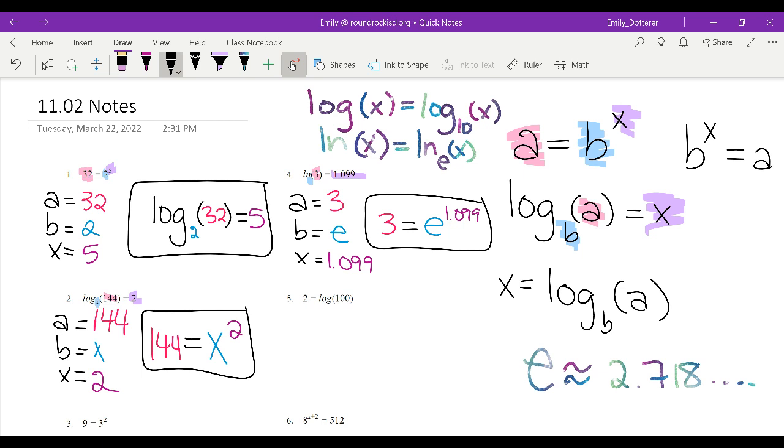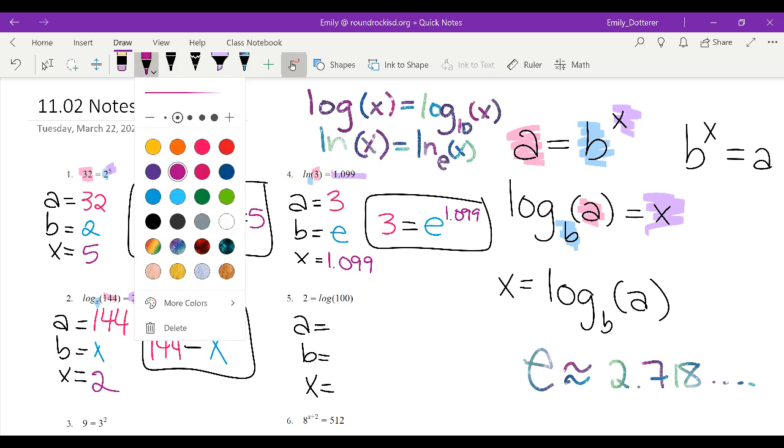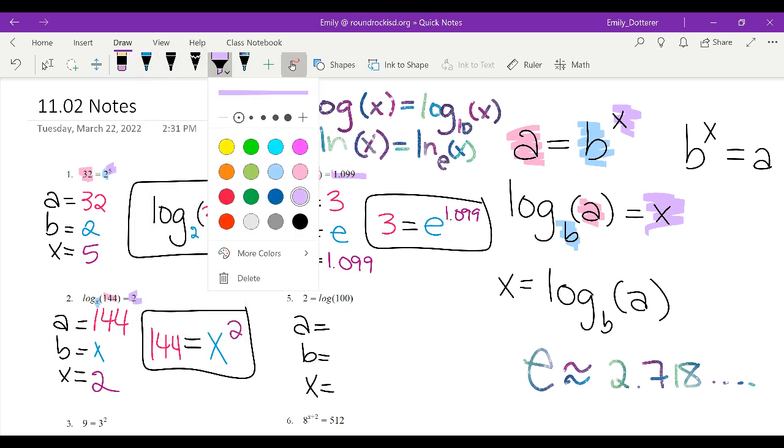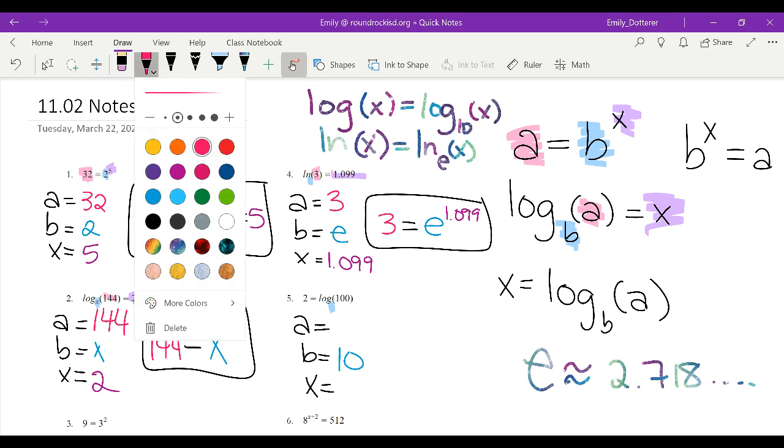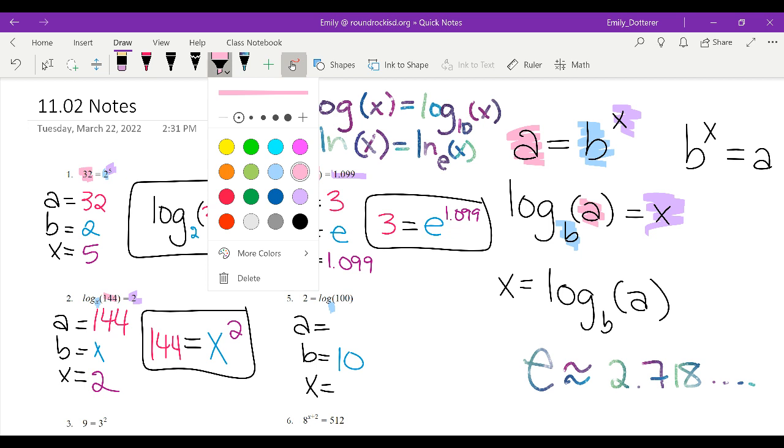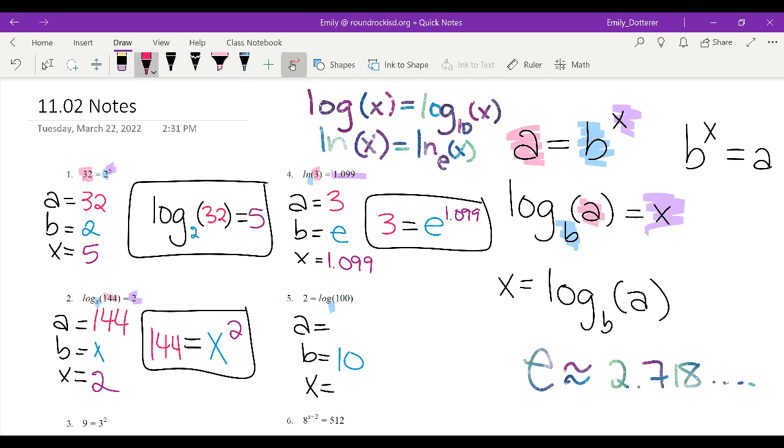Similarly with number 5, we don't have a base given. This one is a common log because it's written out log as opposed to ln. So since there's nothing there, it's a 10. A is inside the parentheses.